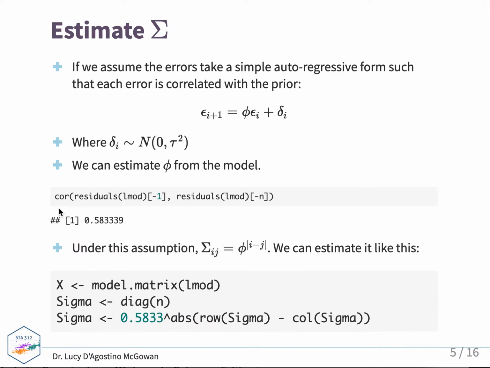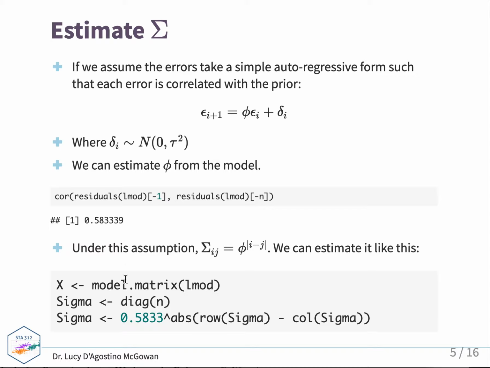And so under this assumption, we know that this big sigma, sigma ij, the ith row and jth column, is going to be equal to phi raised to the absolute value of i minus j. So we can build our sigma matrix using this exact equation, and that's directly based on how we're assuming that this is correlated.